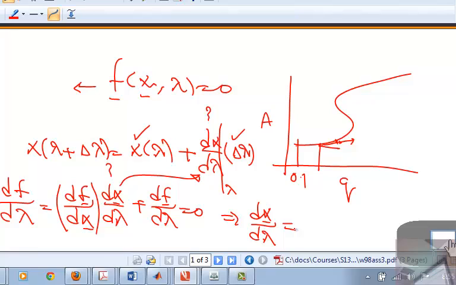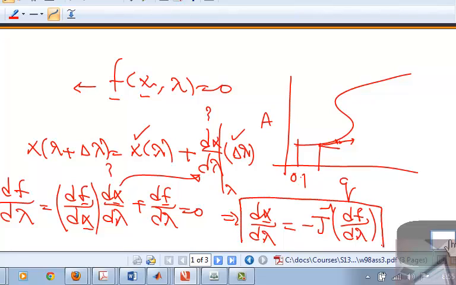So it's going to become minus J inverse df d lambda. So this is the key equation in the Euler-Newton continuation. Once I get dx d lambda, I put it in here and I get a better guess, and then I apply Newton method on that guess.